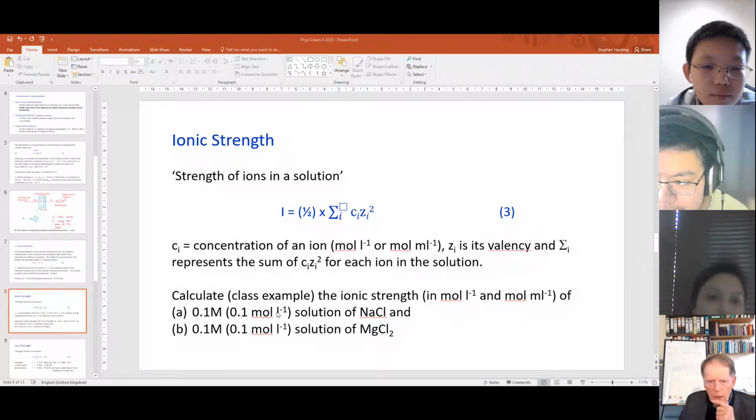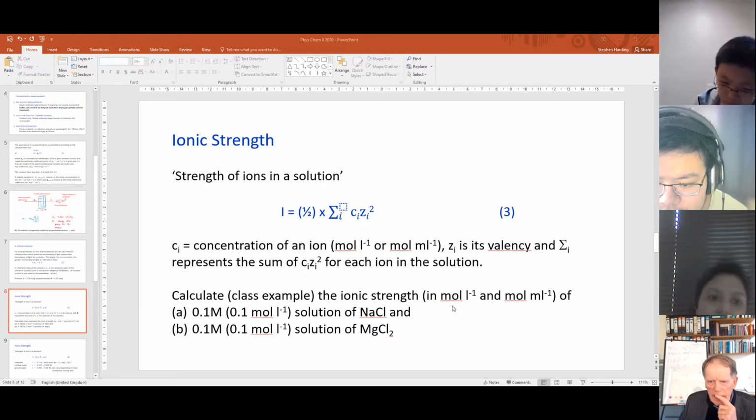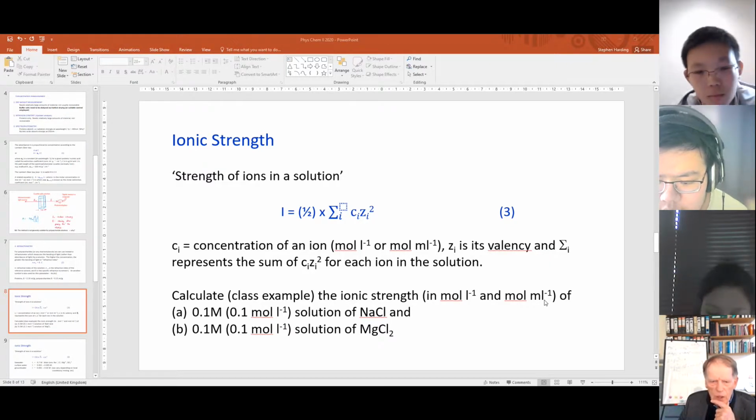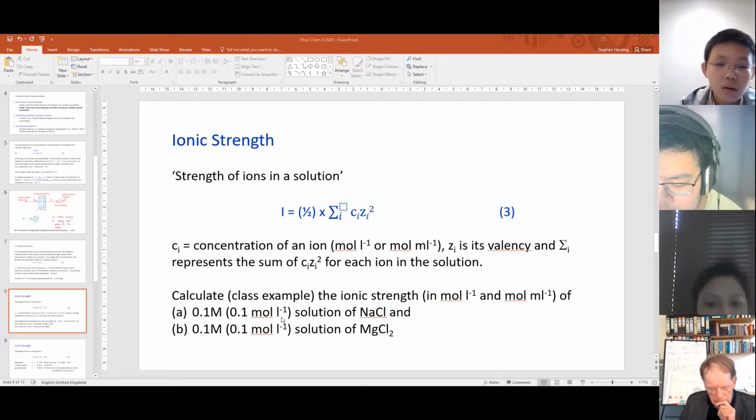Okay, so that's 0.1 molar, and that's 0.3 moles. And okay, so to convert that to moles per mil, what's 0.1 moles per liter in moles per mil? 100?